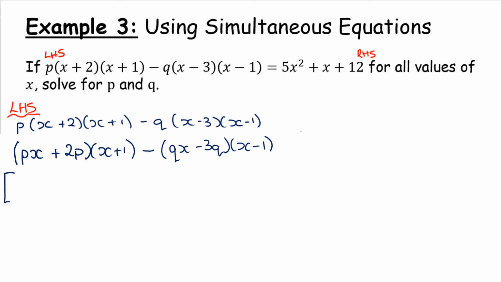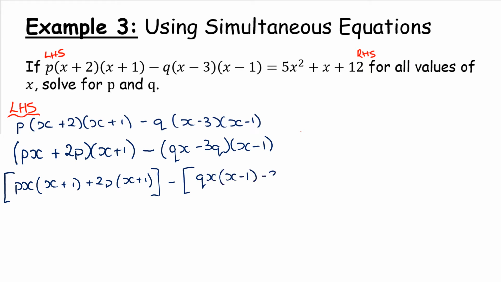Multiplying out these brackets, we split the first bracket, so px times x plus 1 plus 2p times x plus 1 minus, split this first bracket, qx times x minus 1 minus 3q times x minus 1.